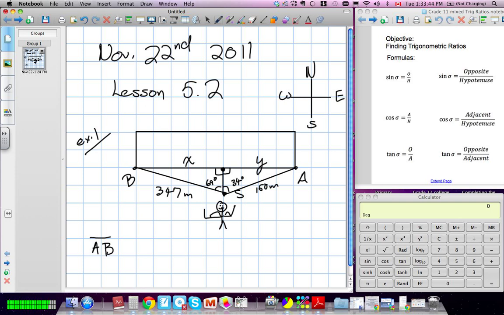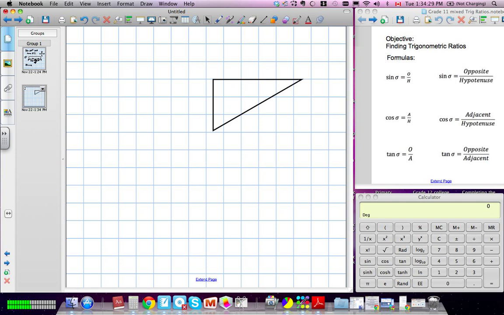First, we actually have to find the distances of X and Y. So I'm going to work with these as one triangle at a time. We'll go to another page. Okay, so like we had in our first triangle, this was our point S, point P, and this was point A. A was 150 meters from S and 34 degrees east of point P. We're looking for what we called Y, side Y. Because I have the angle 34 degrees, this angle here, I have to refer to the two sides I'm using.